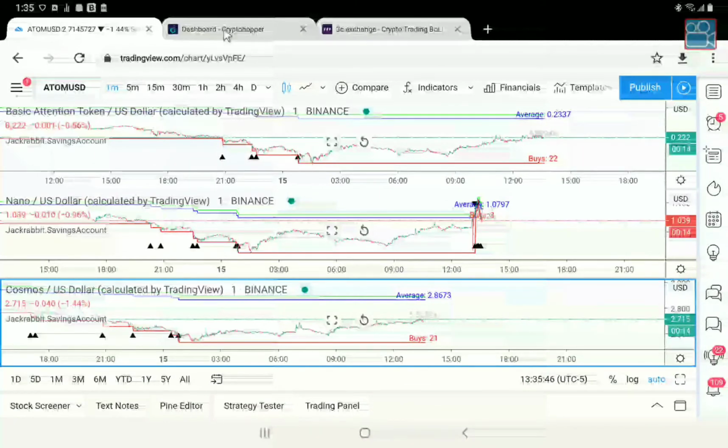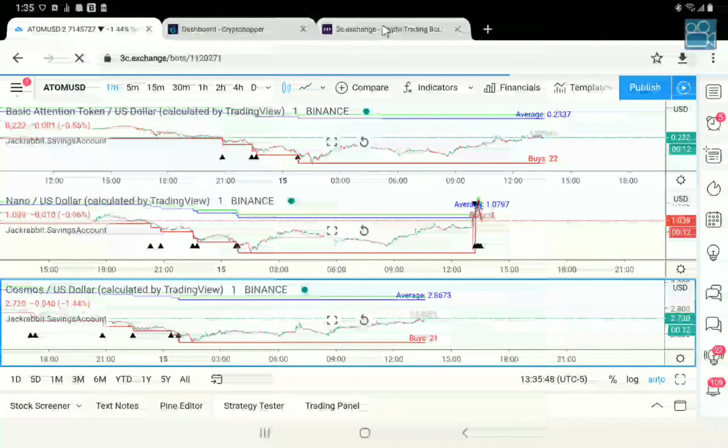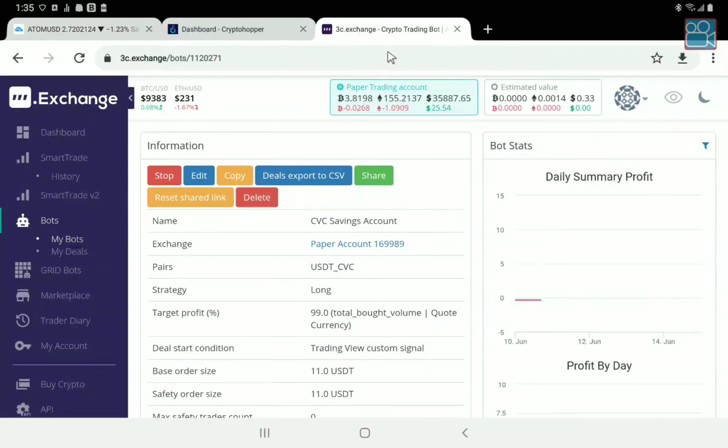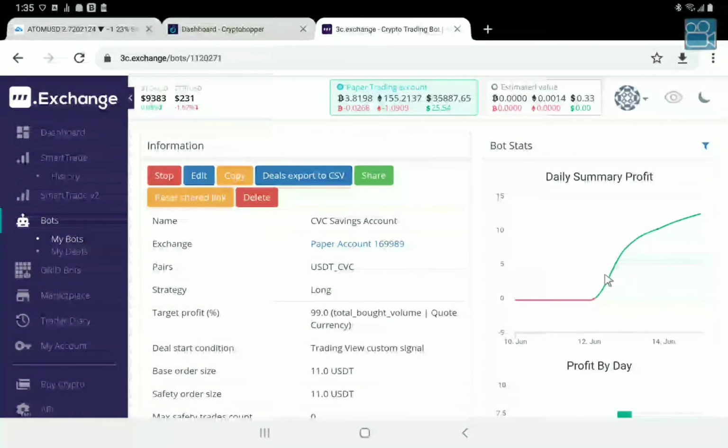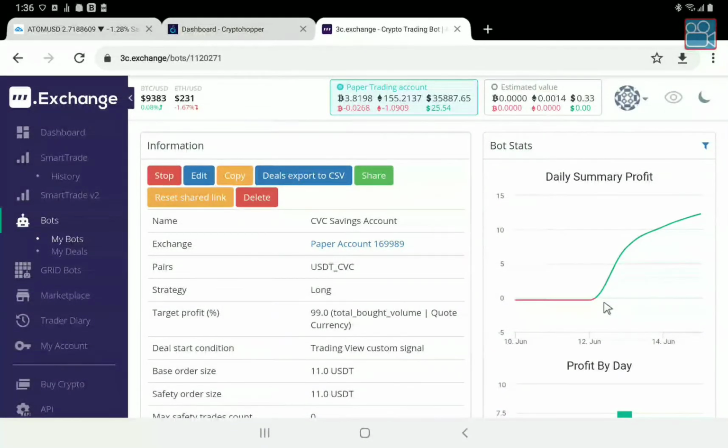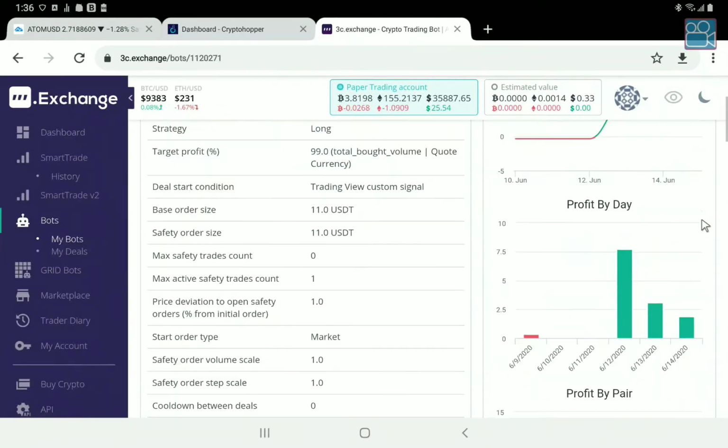So let's take a look at 3C first. Now this is a high risk, 0.3 take profit, 0.3 deviation. As you can see, this is when I started it, and here are the profits per day.